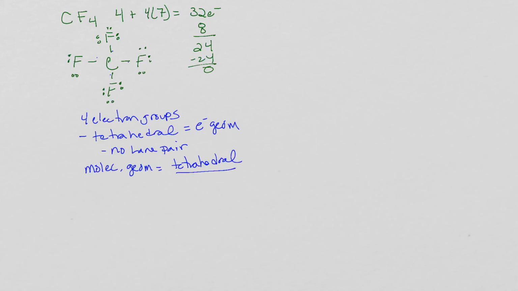So if we have tetrahedral, now we can start to look at the polarity. Well, the first question we have to ask ourselves is are there polar bonds? So let's assess the polarity. So polar bonds.